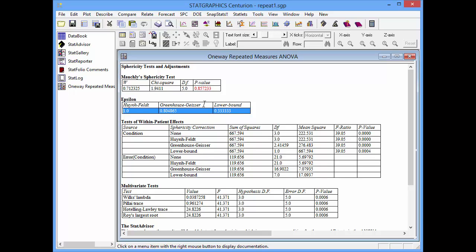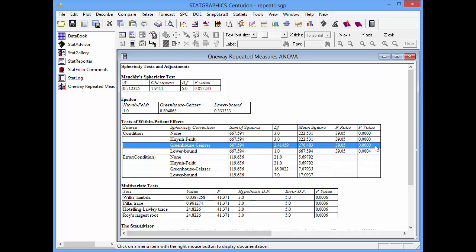So if we got a significant result in Mauchly's test, we'd go to the tests of within-patient effects. You will see a line for Greenhouse-Geisser. The degrees of freedom column shows the epsilon correction made to the standard F-test.